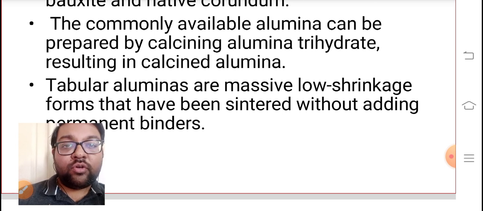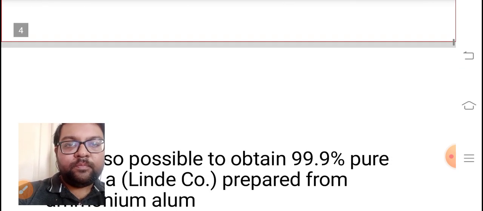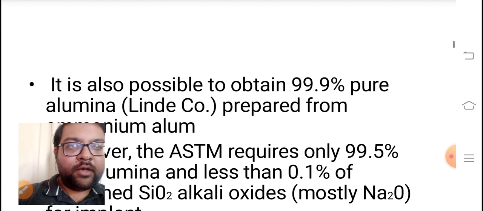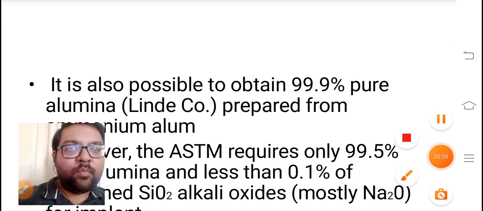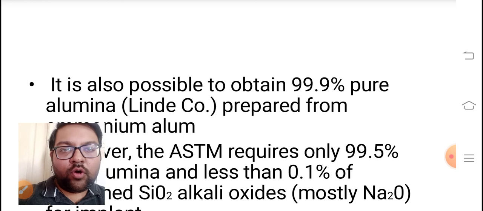Tabular aluminas are massive low shrinkage forms that have been sintered without adding permanent binders. It's also possible to obtain 99.9% pure alumina.